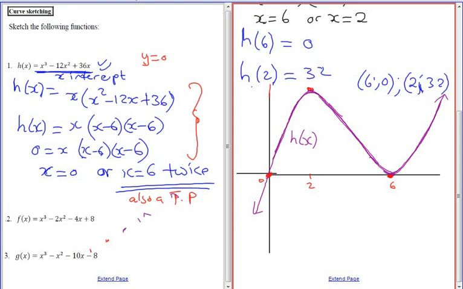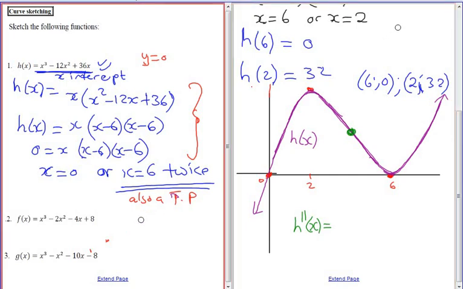Again, if ever you want to find the point of inflection, you get the second derivative. I'm going to get the first derivative real quick.